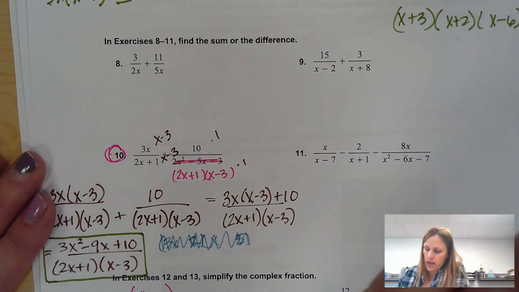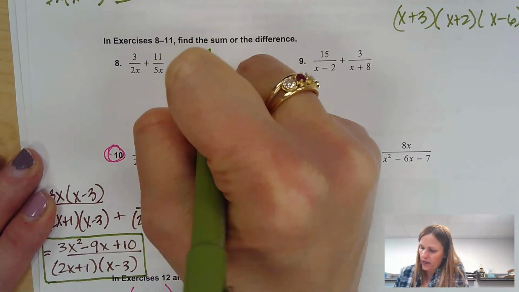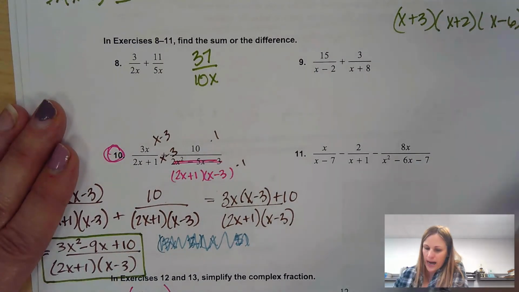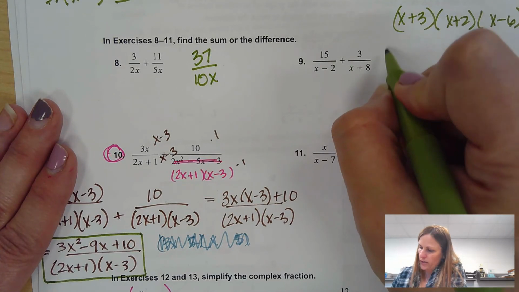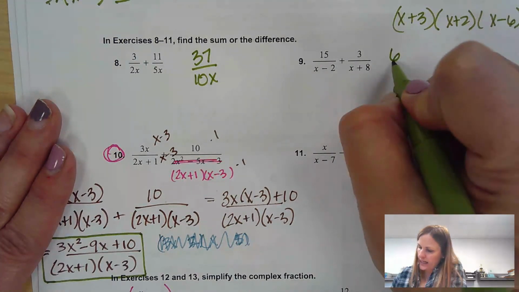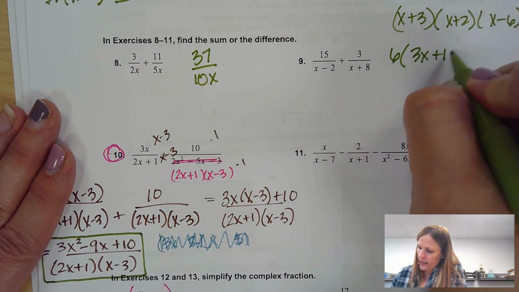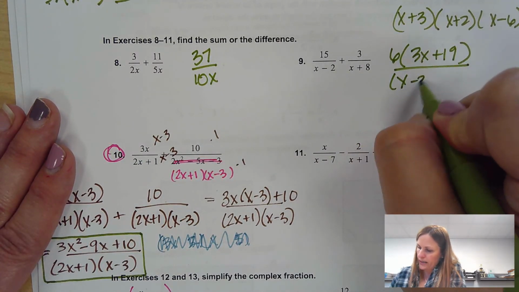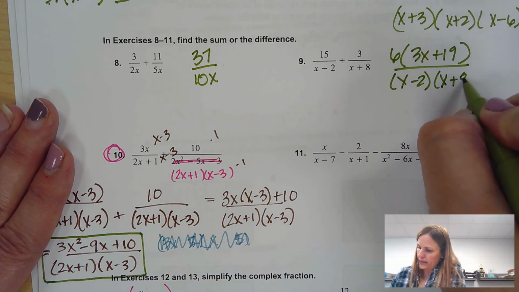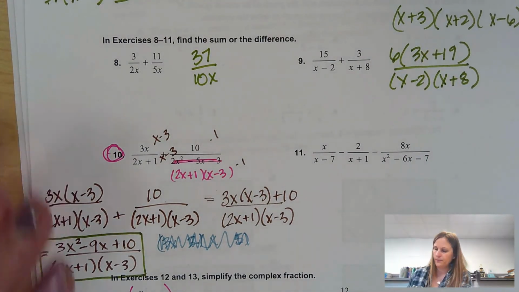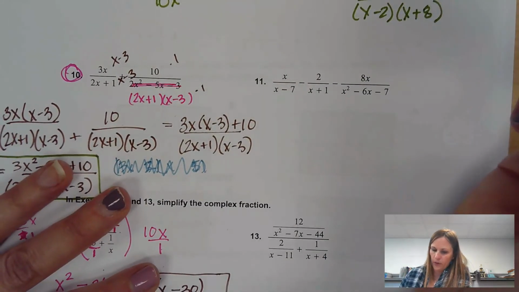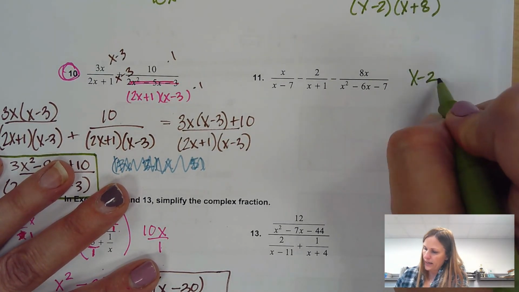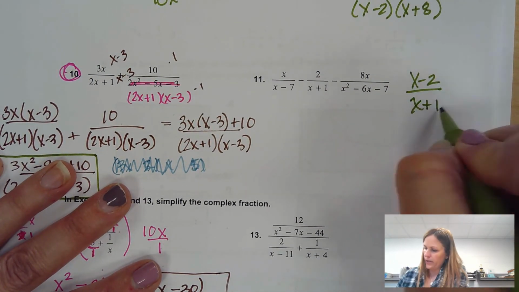For number 8, my final answer was 37 over 10x. For number 9, my final answer was 6 and then 3x plus 19 over x minus 2, x plus 8. For number 11, my final answer was x minus 2 over x plus 1.